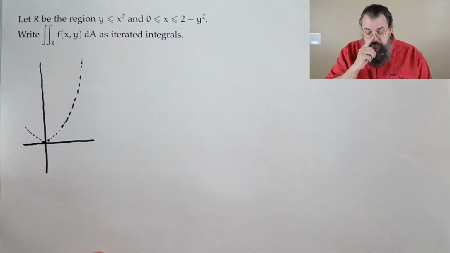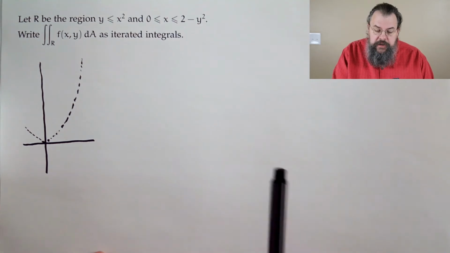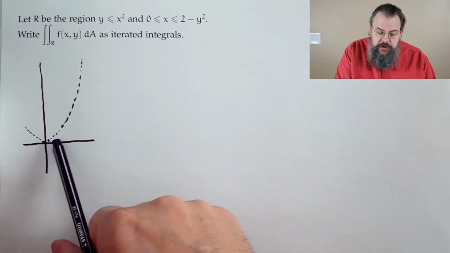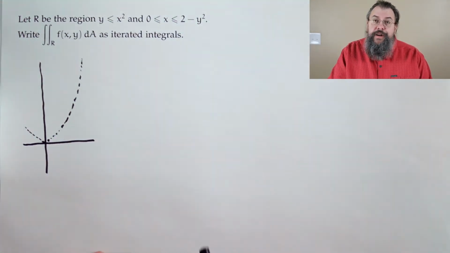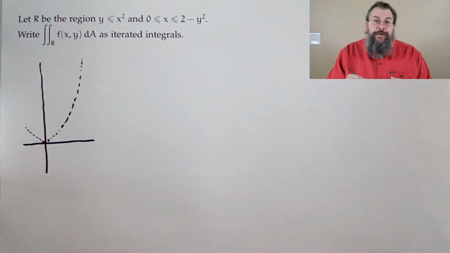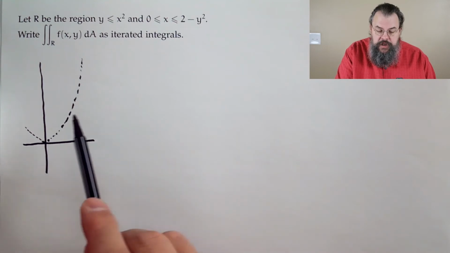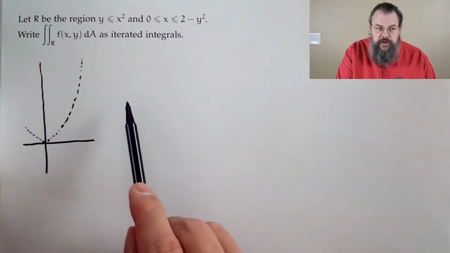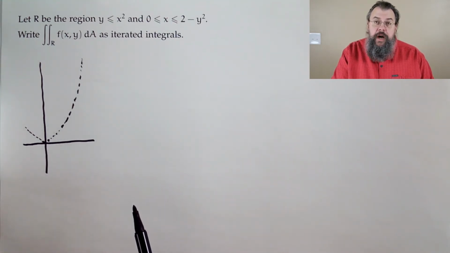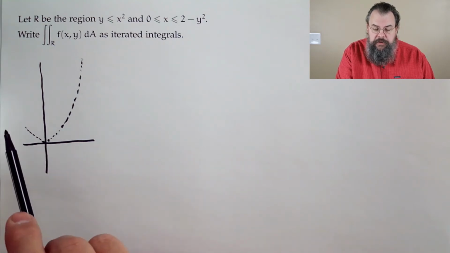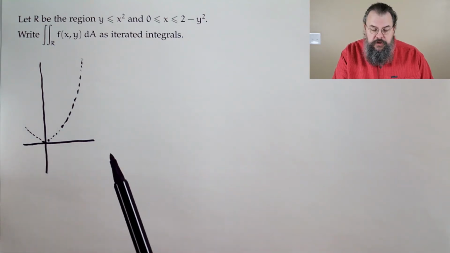All right, and then we also have that x is greater than or equal to 0, great, and less than or equal to 2 minus y squared. Now, we have to think about this. x equals y squared would be a parabola that opens to the right. Minus y squared would make it open to the left. The 2 shifts it over.